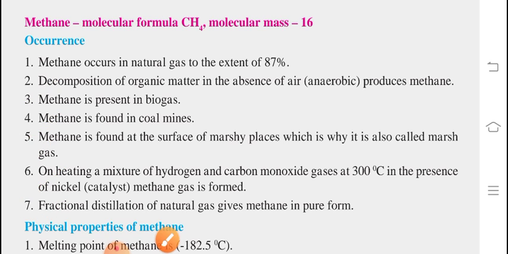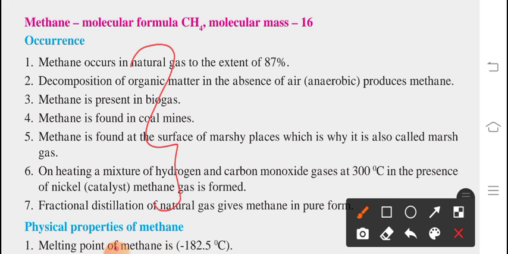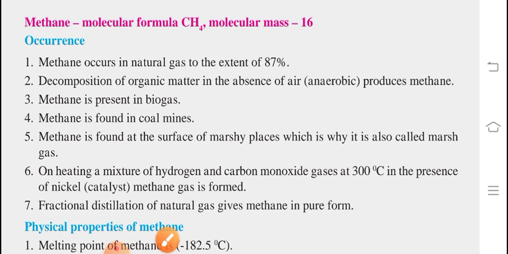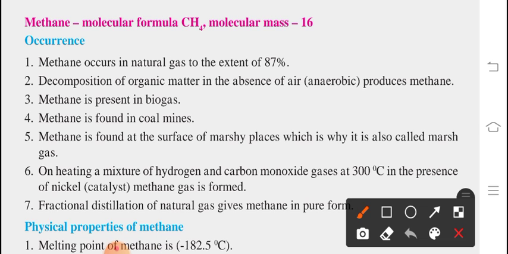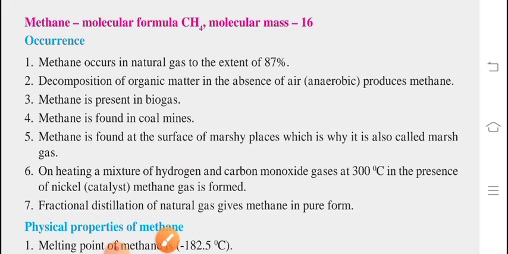So these are the ways in which we are getting methane: decomposition of organic matter, biogas plants, coal mines, marsh gas, with the help of nickel, and fractional distillation of natural gas gives methane in pure form.